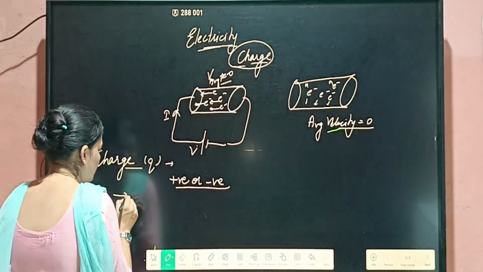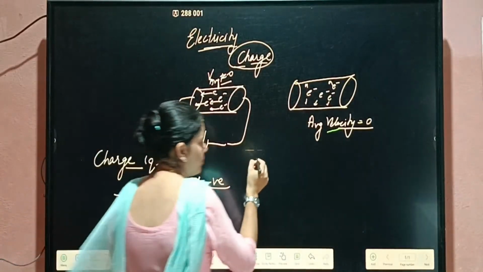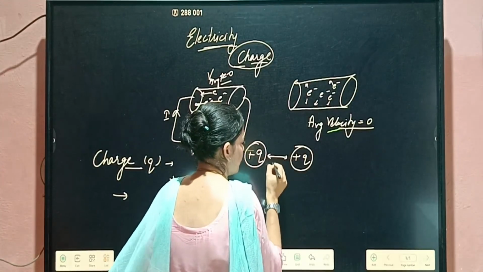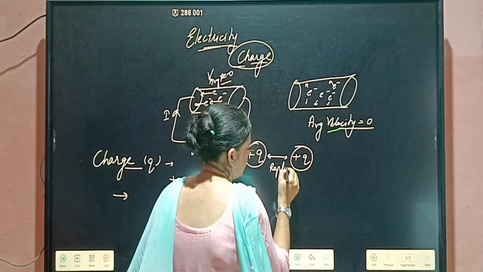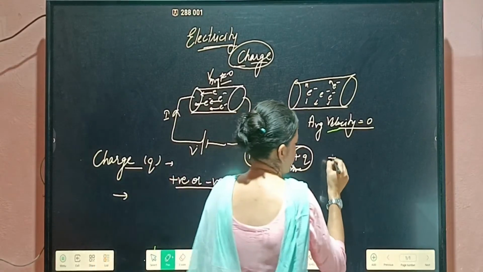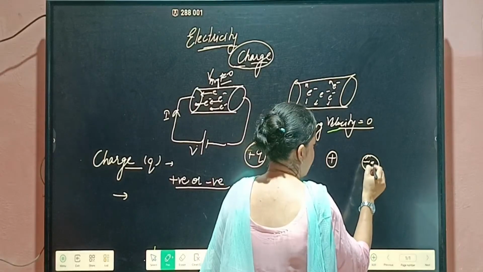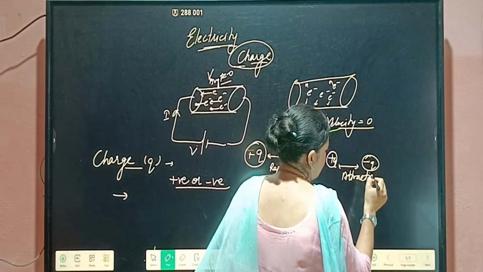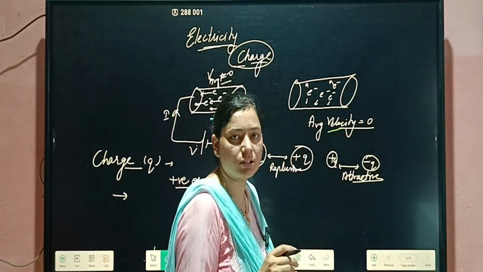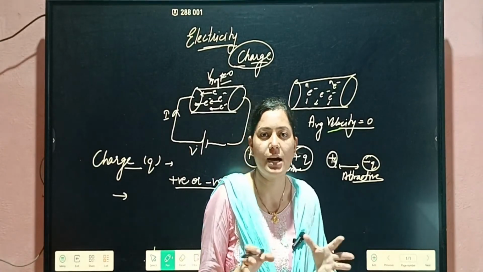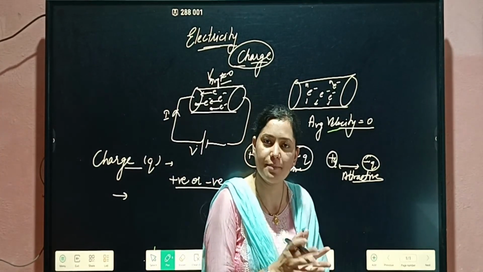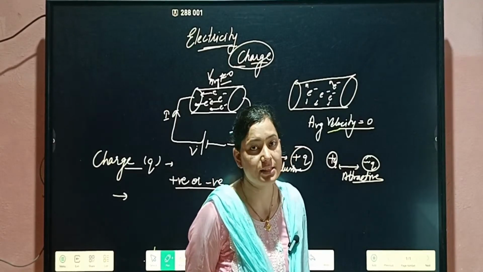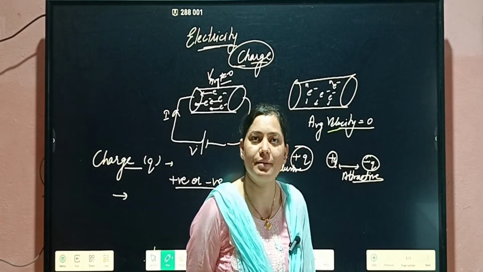If we take two charges, both positive, then a force will act between them; this force we call repulsive force. If we take one charge positive and another negative, then the force that acts between them will be attractive force. The nature of force is of two types: repulsive and attractive. If we bring two charges near each other and both are the same pole, we call it repulsive force, whether positive-positive or negative-negative.